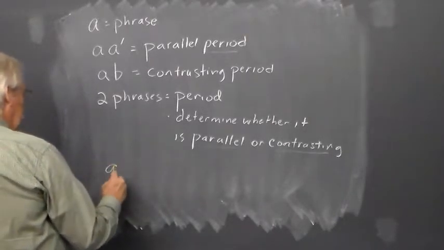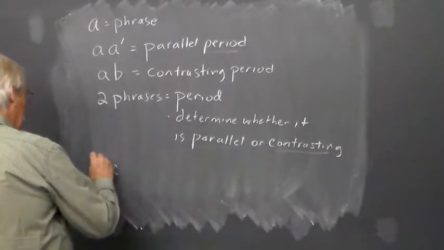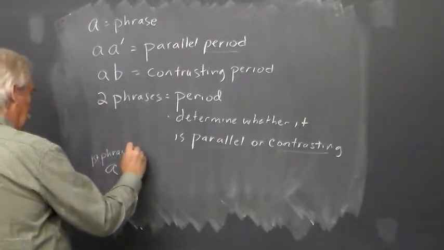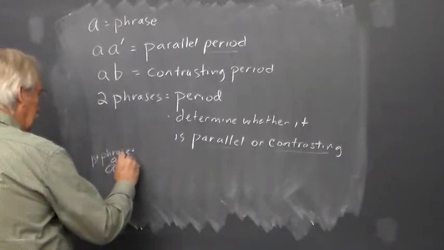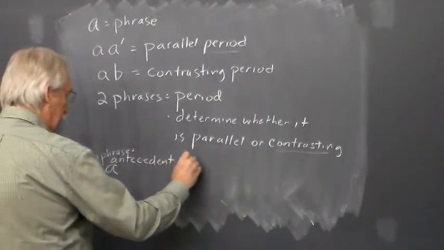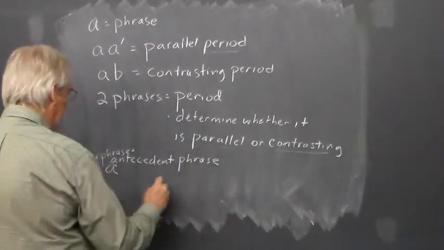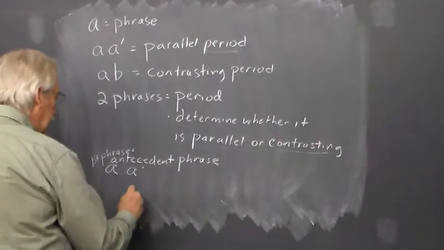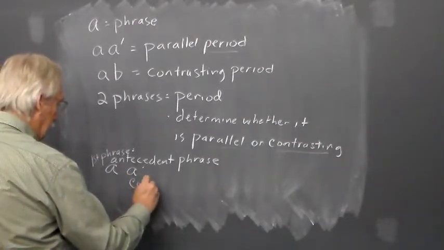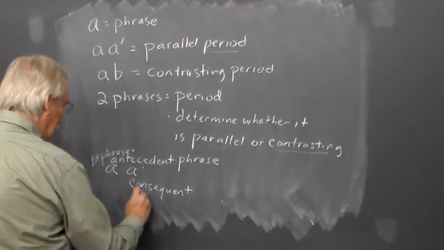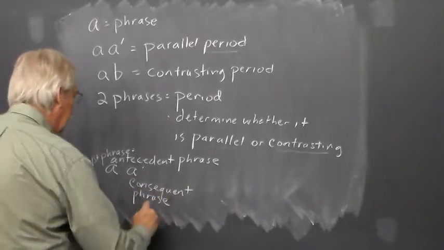this first phrase is called the antecedent. Then the second phrase is called the consequent phrase.